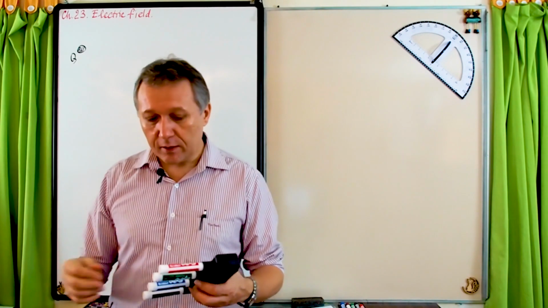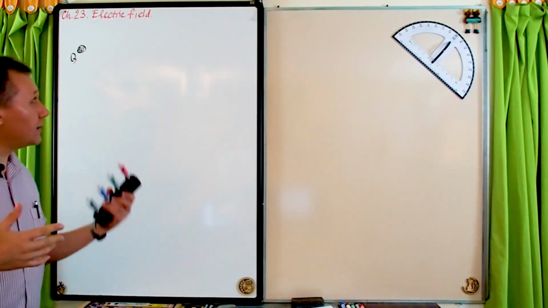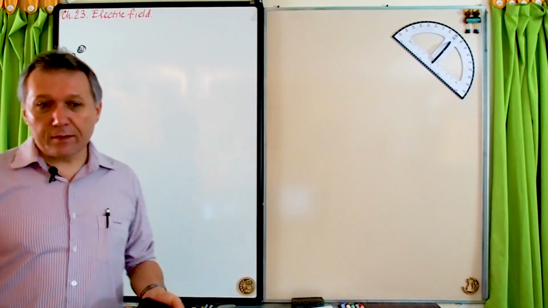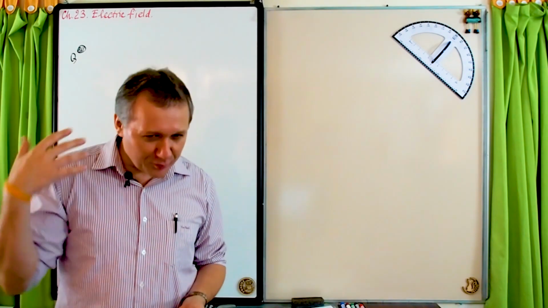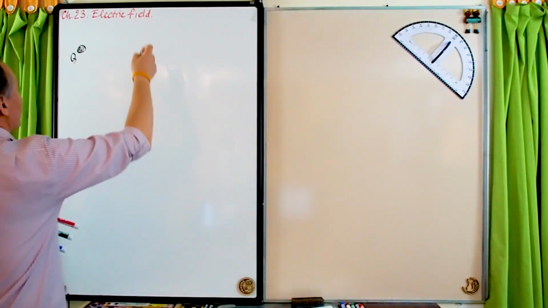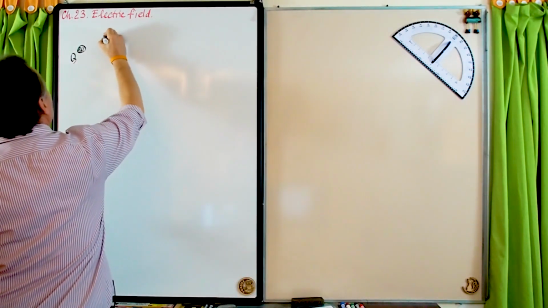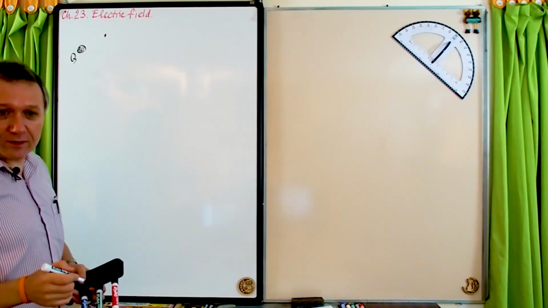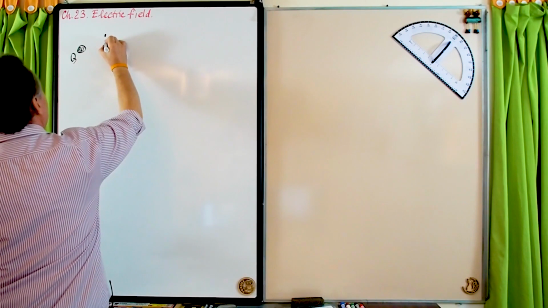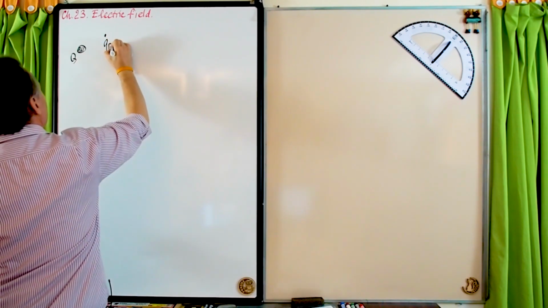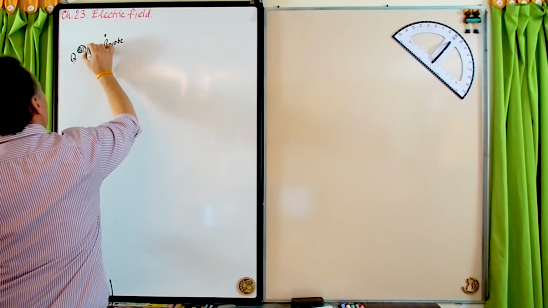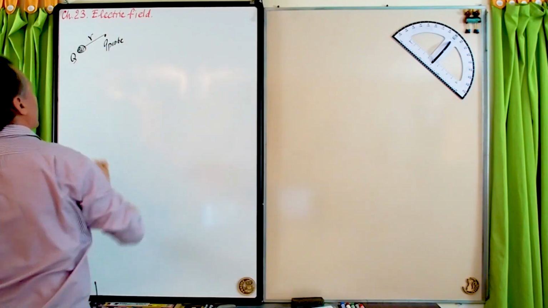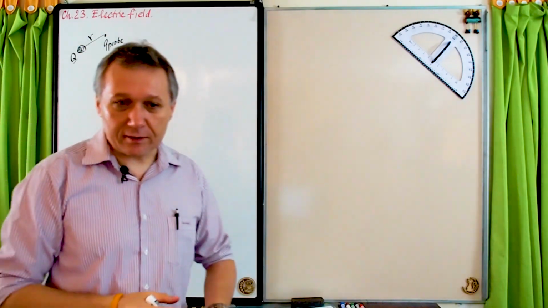So we agreed that in cases like this, we use a probe charge. And that probe charge we can position, for example, at the point where we're interested in the electric field. So we take Q probe at a distance r, for example. Let's say we want to measure the electric field at that point.